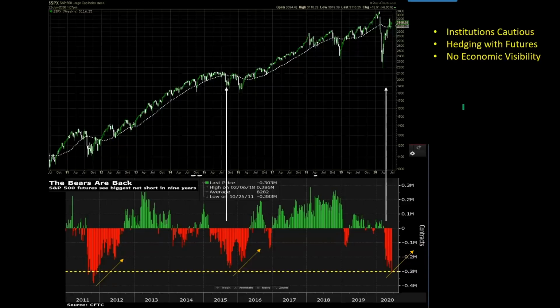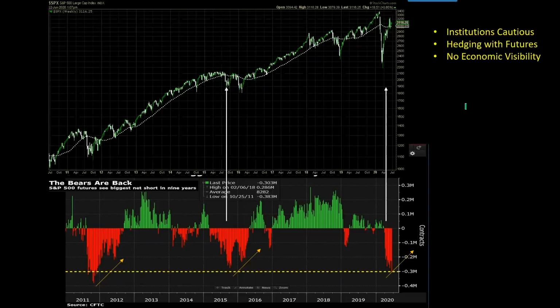I would argue that the futures are a hedging tool for large institutions. And so institutions are cautious because, as we saw in that cartoon on the first slide, the stock market is way ahead of the economy, and there's very little visibility in the economy right now.